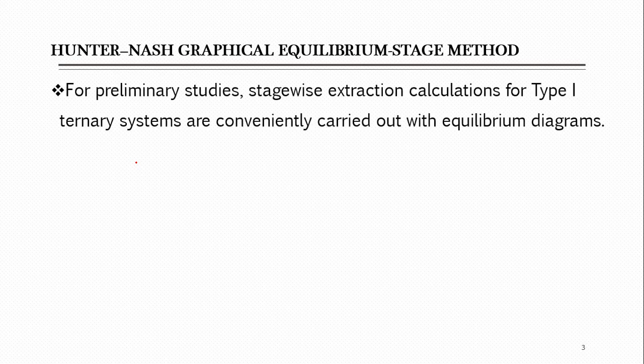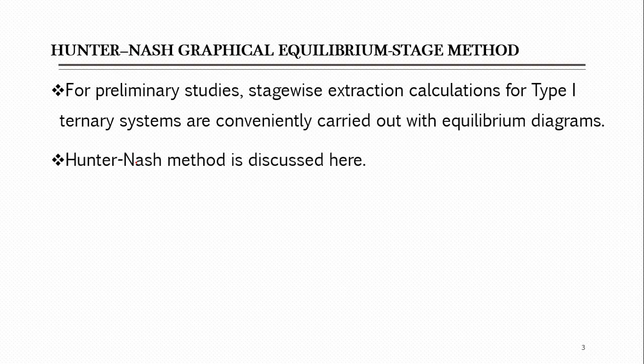This is from the last lecture. At the end we discussed that for preliminary studies we mostly use type 1 ternary systems, and we use these equilibrium diagrams to calculate the number of stages required for some specific extraction. Yesterday I discussed that there are two types of systems, type 1 and type 2.